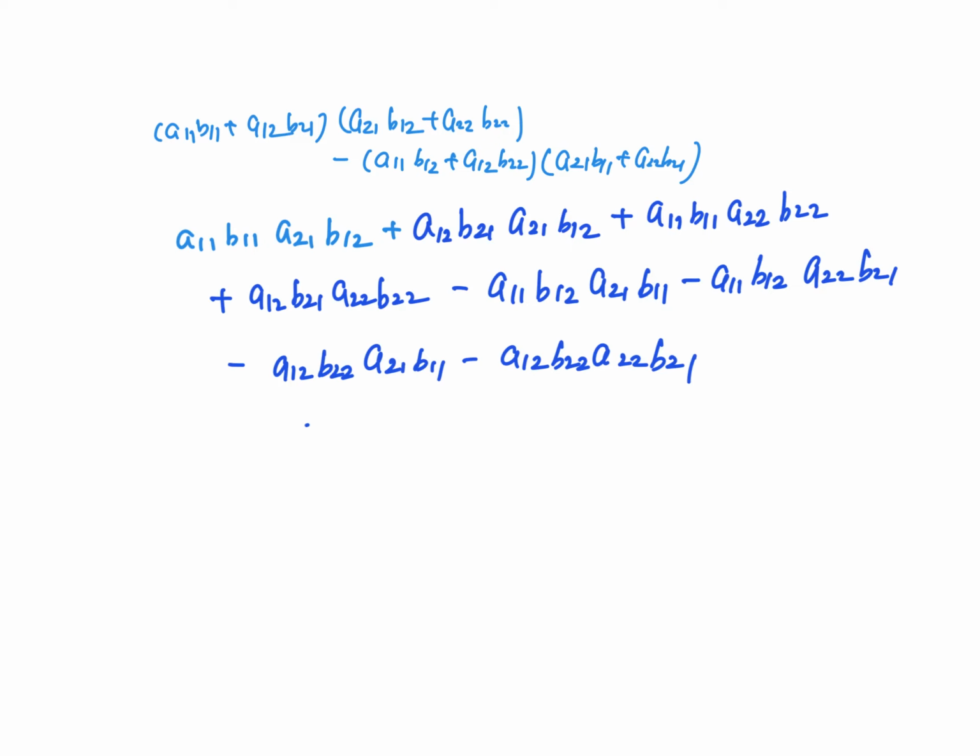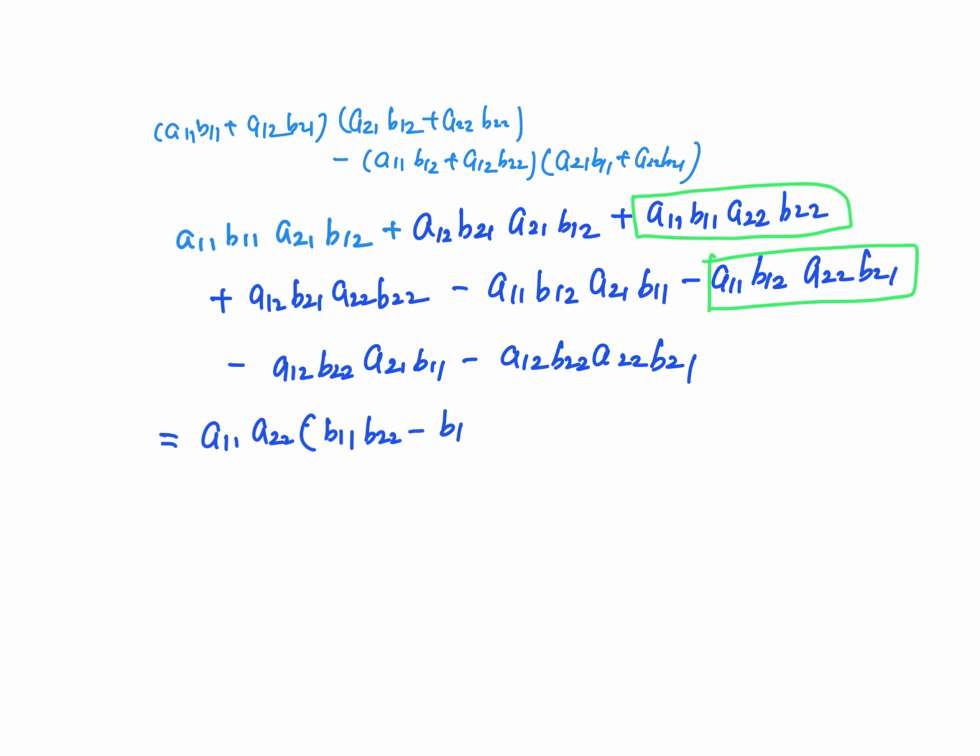So let's try to form some combinations. This A11, P22, this. See what happens. A11, A22, P11, P22 minus P12, P21, right?